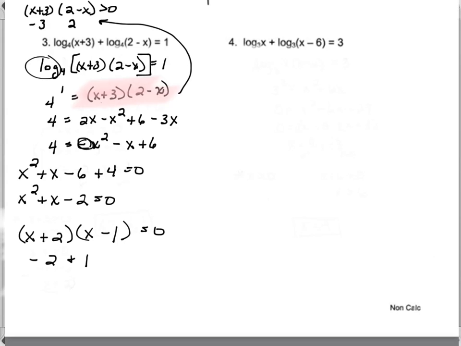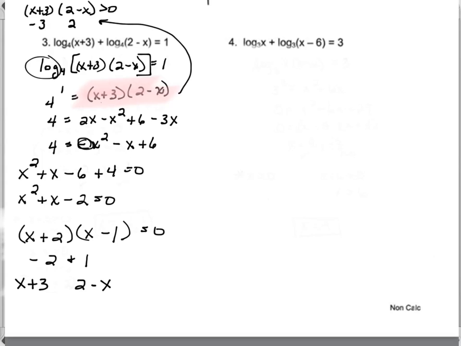And I need to test, back in my original equation, to see which of these is going to work. And here's my original equation, x plus 3, 2 minus x. Okay? So I need to check x plus 3 and 2 minus x with these two values to see if any one of those is going to be negative.